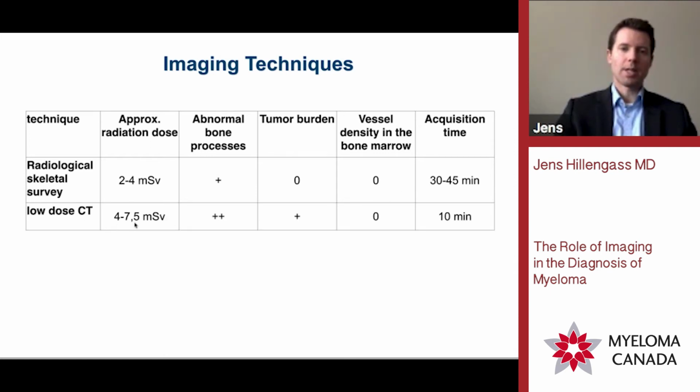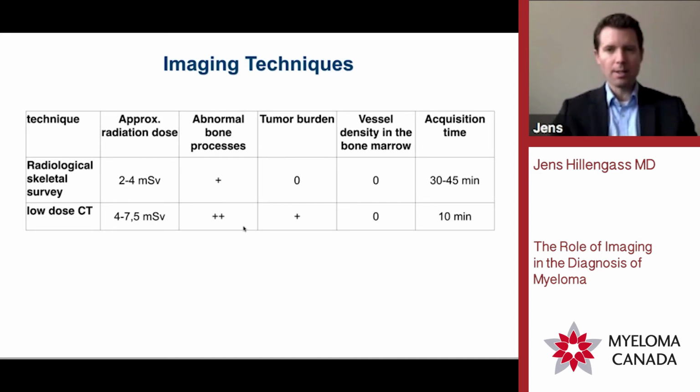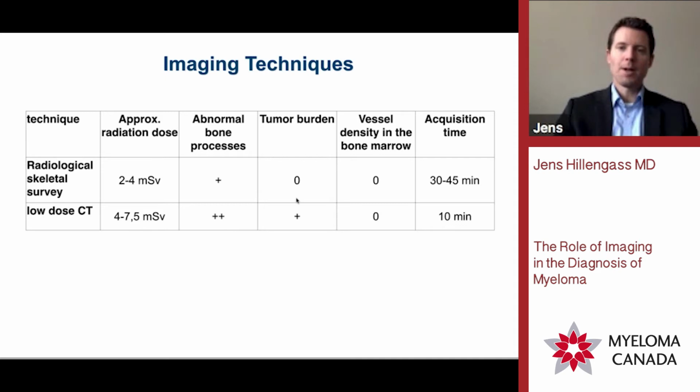The low dose CT has a little bit higher radiation dose, about double of the conventional survey. It shows the bone with the highest sensitivity. It's the best technique for that. It shows in part the tumor burden, nothing about functional markers, and it's really fast.